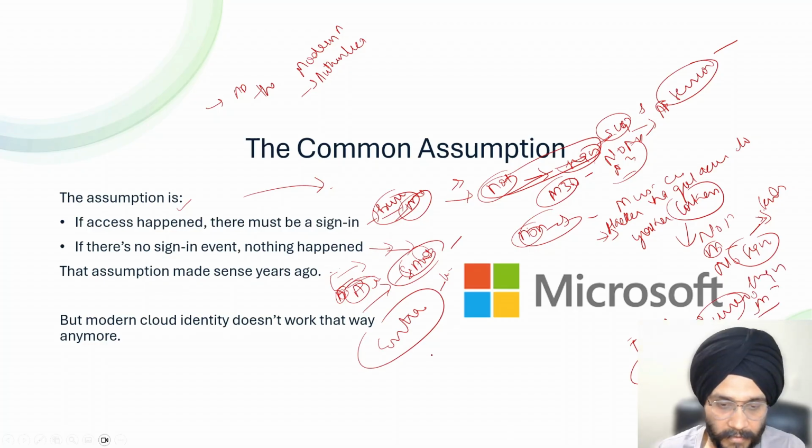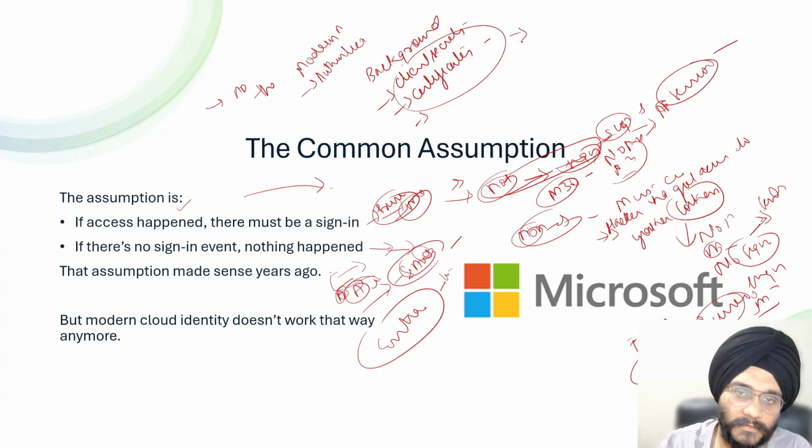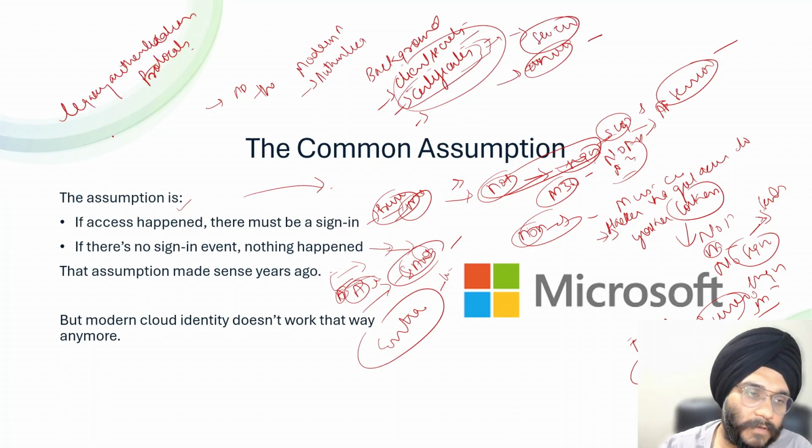If I talk about non-interactive ones, they are background services like client secrets and certificates. Services do not require a user interactive session. Legacy authentication protocols do not behave like modern authentication, such as POP, IMAP, and Exchange ActiveSync.